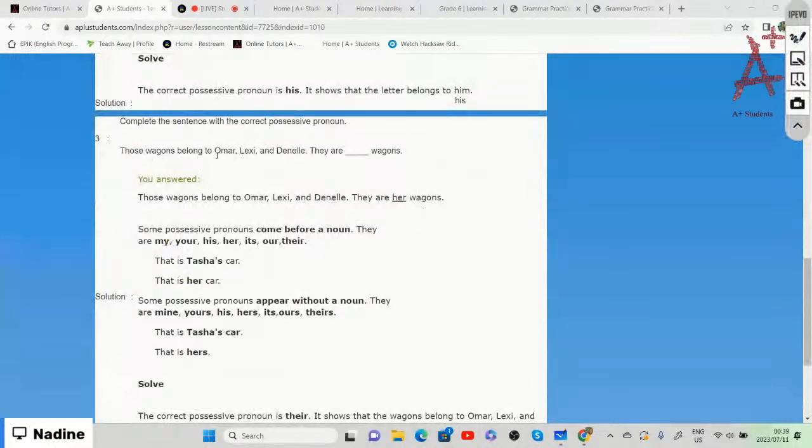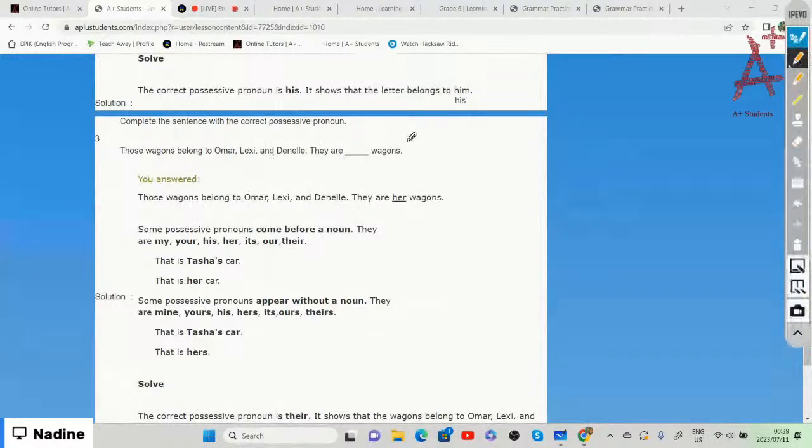Which means they are whose wagons? If the wagons belong to Omar, Lexi, and Danelle, then they are their wagons, because they belong to them. So it's their wagons, because it shows that the wagons belong to Omar, Lexi, and Danelle.